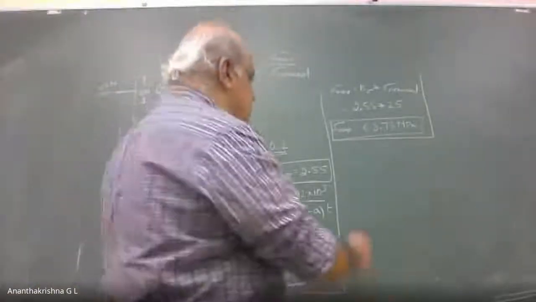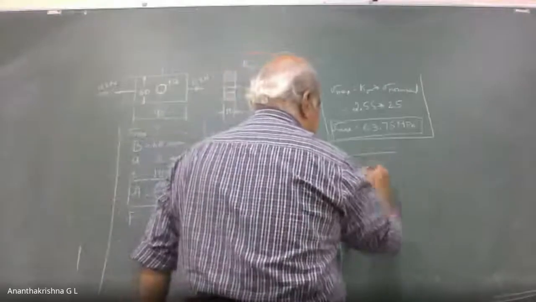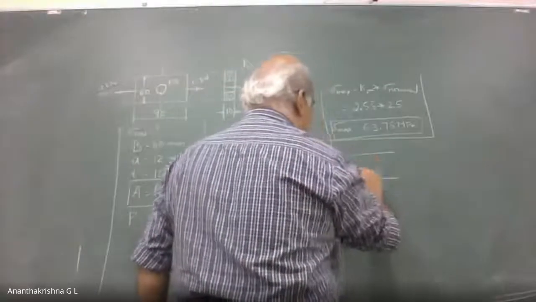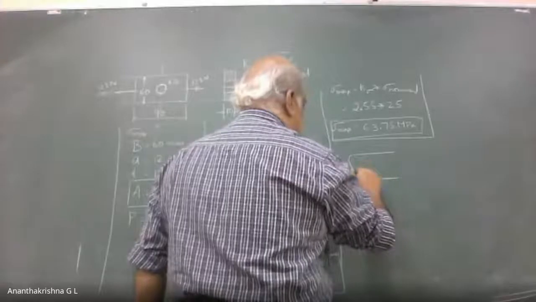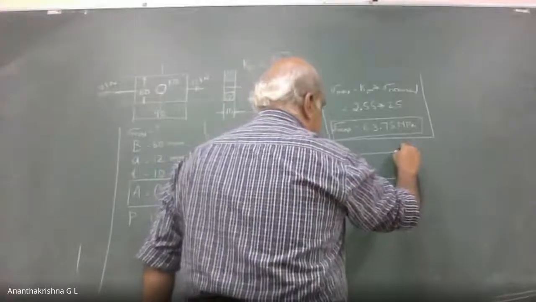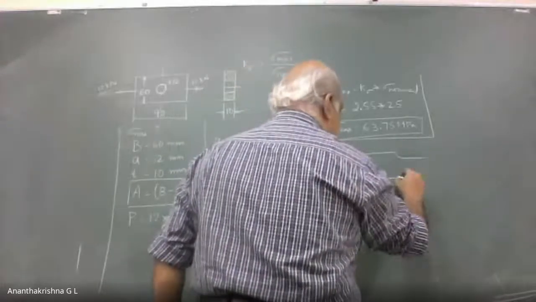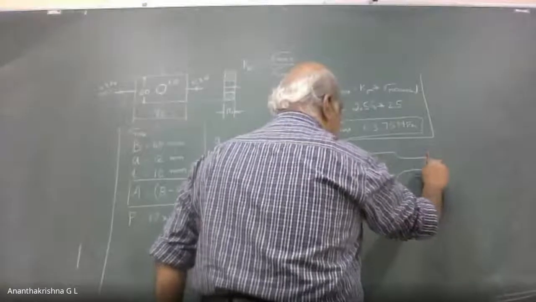A circular shaft of 50 mm diameter is stepped down to 25 mm diameter, having a fillet radius of 5 mm, subjected to an axial tensile load of 12 kilonewton. Okay. Right. So we have got a circular shaft of 50 mm diameter, is stepped down to how much? Is stepped down to 25 mm diameter.